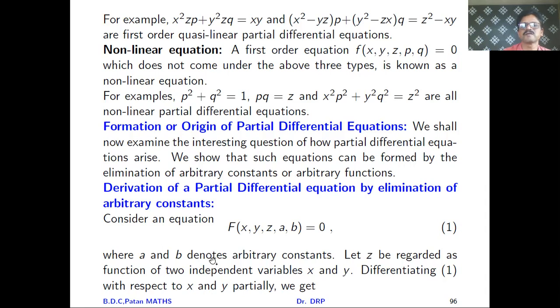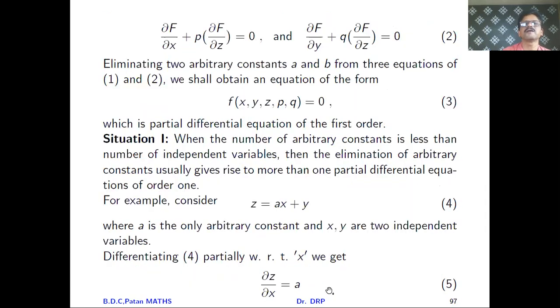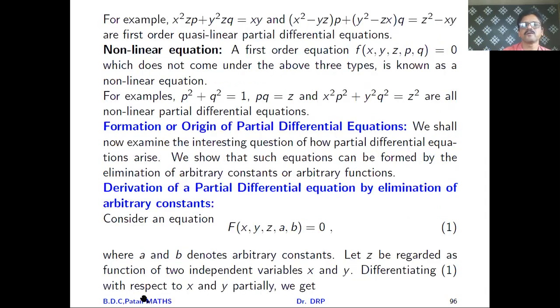If we differentiate this with respect to x partially, we want the derivative partially with respect to x. While differentiating partially with respect to x, remember y, a and b are constant, which means capital F becomes a function of x and z.